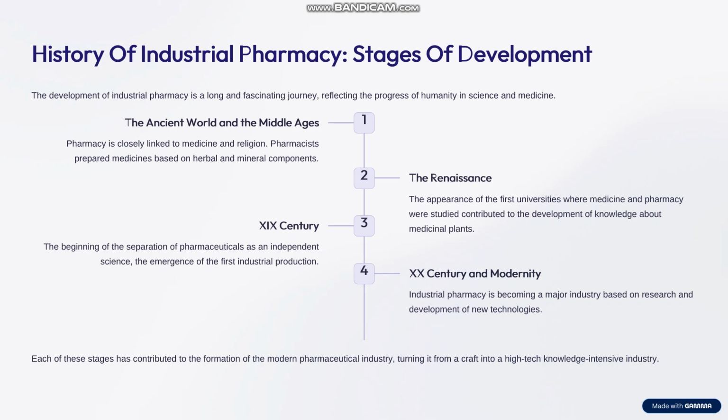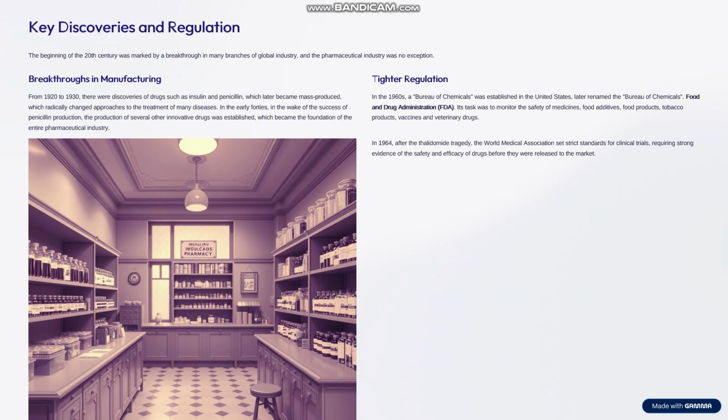19th century. The beginning of the separation of pharmacy as an independent science, the emergence of the first industrial production. 20th century and modernity. Industrial pharmacy is becoming a major industry based on research and development of new technologies. Key discoveries and regulation.